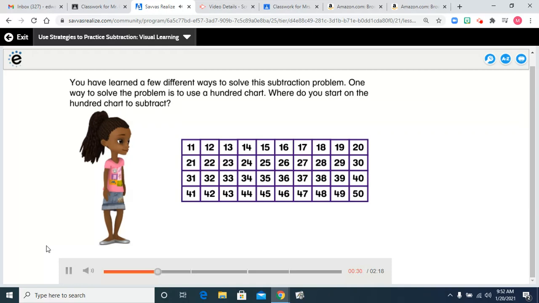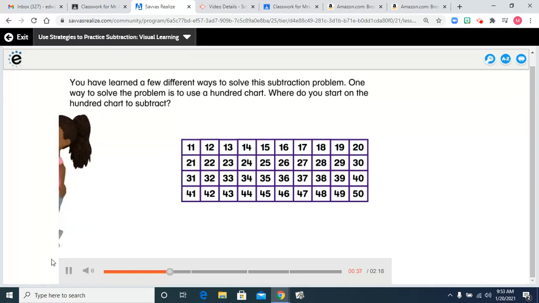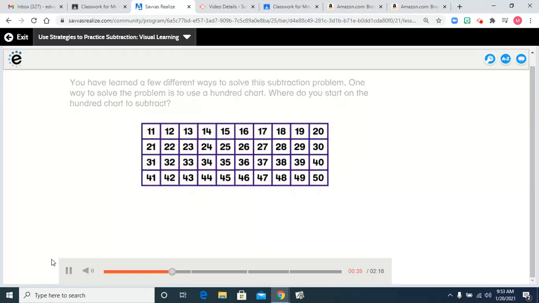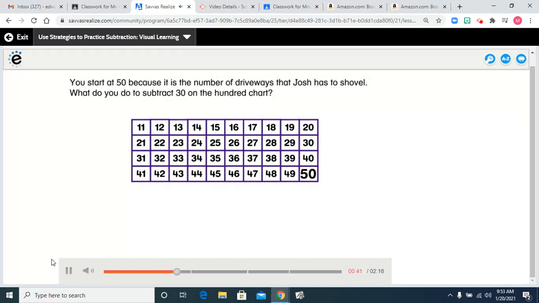Where do you start on the 100 chart to subtract? You start at 50, because it is the number of driveways that Josh has to shovel. What do you do to subtract 30 on the 100 chart?